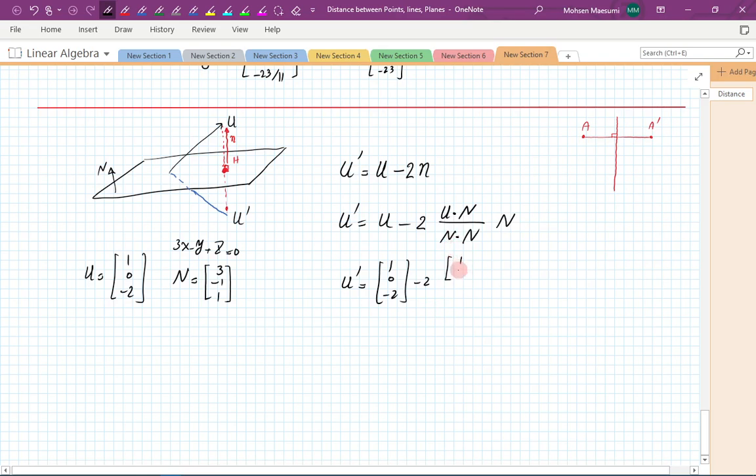our u was (1, 0, -2) dotted with (3, -1, 1), denominator (3, -1, 1) dotted with (3, -1, 1), and then one more of (3, -1, 1).